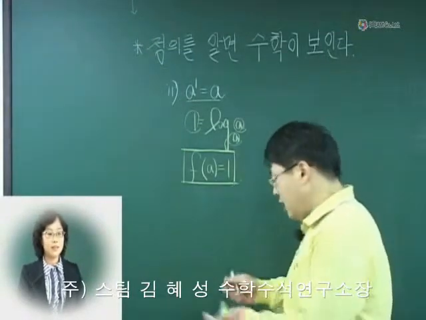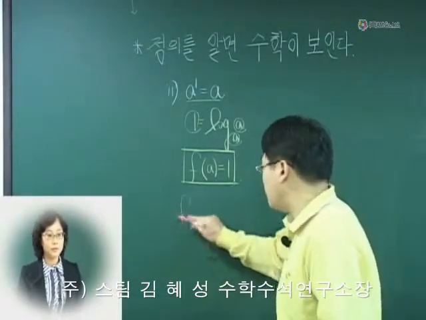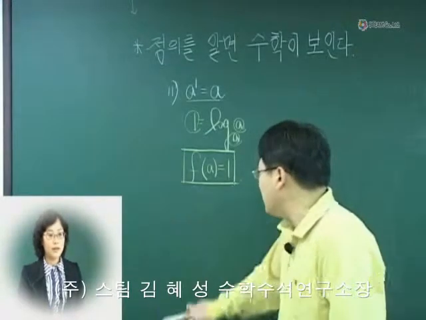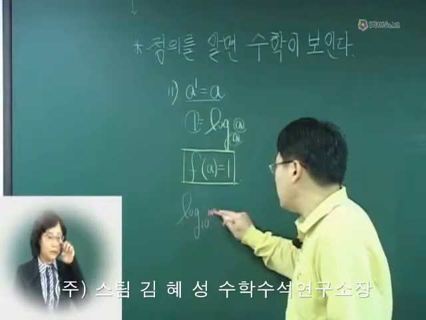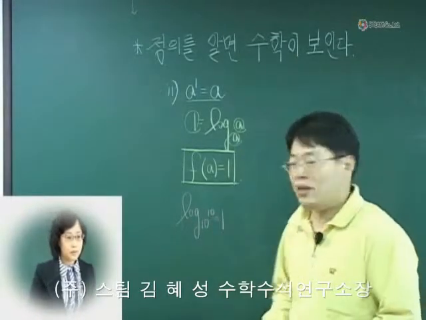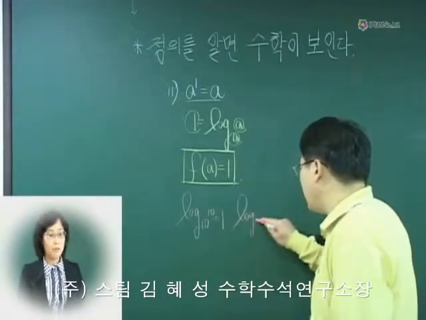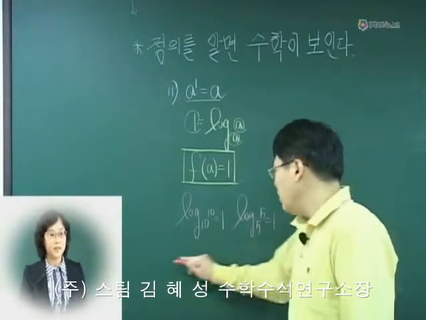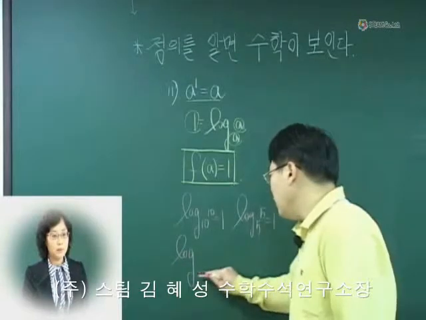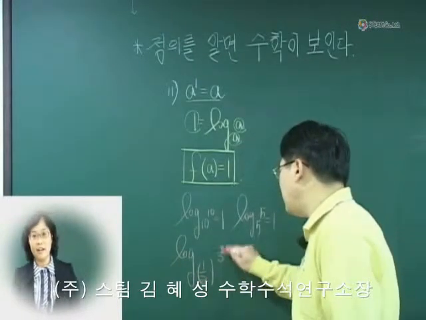Okay, let's make some examples. Log base a of a is 1, log base 5 of 5 is 1, and log base 1/2 of 1/2 is 1.